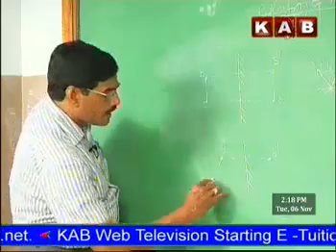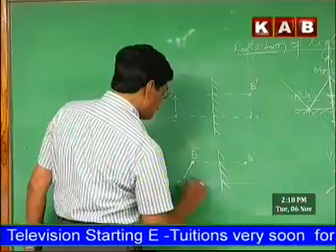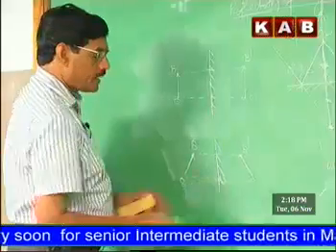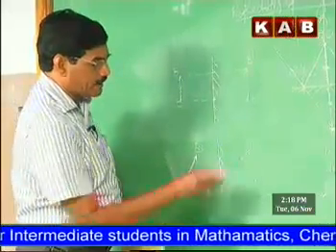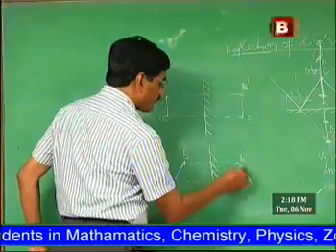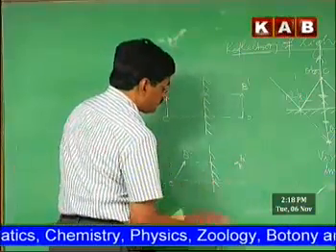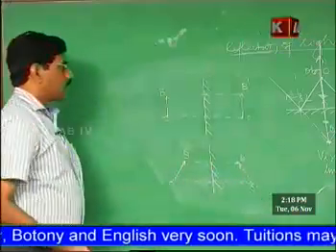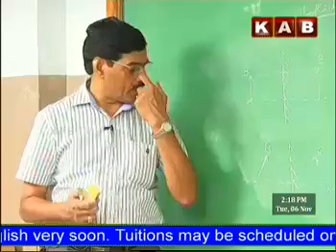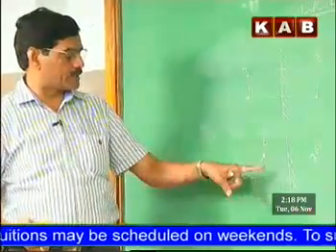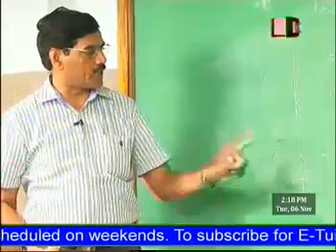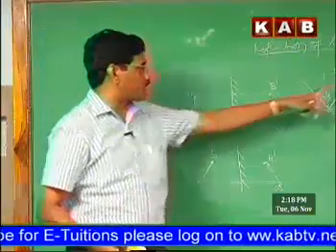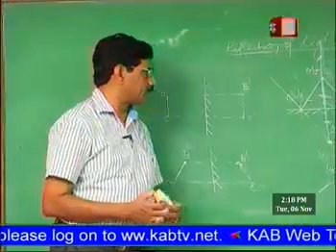And corresponding to this line, this distance is equal to this distance. Therefore, the image will look like this. That is the image as seen from the mirror. A point object will produce a point image.